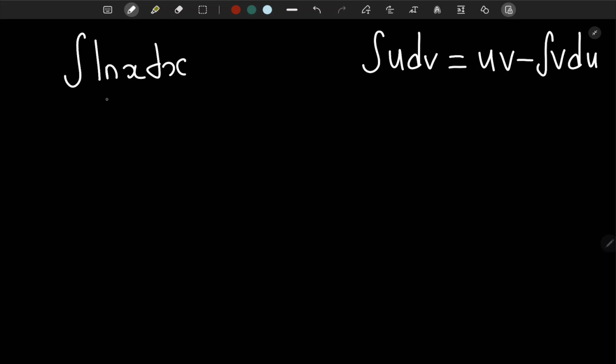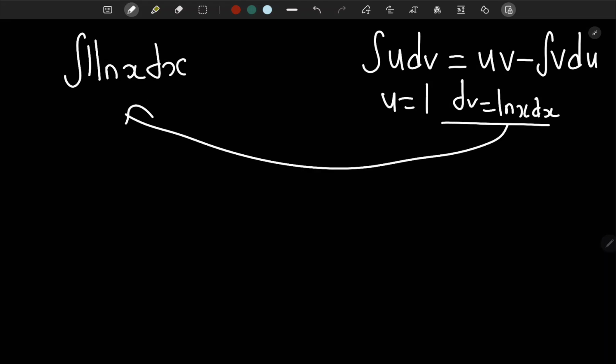Since there is no integral for ln x, let's say if we took u as 1, you can imagine that there is a 1 behind, and dv as ln x dx, we won't be able to integrate this. This is the same problem that we have right now. So that is out of the question.